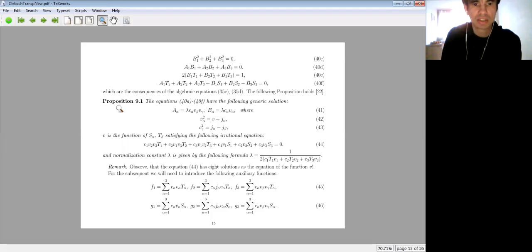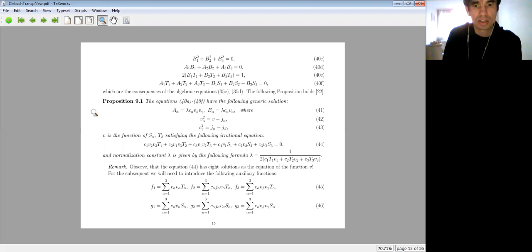Proposition 9. The equations 40 have the following generic solution given by the formula 41, where the functions V alpha entering into this formula are given by the formula 42, C alpha is a constant that depends on the anisotropy parameters, and V is the function of S alpha T beta satisfying the following equation 44, which is a consequence of equation 40F, and lambda is a general normalization factor, which is easily found using the equation 40.